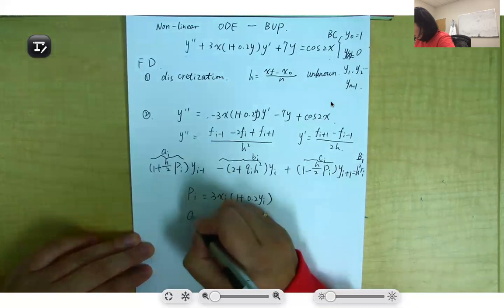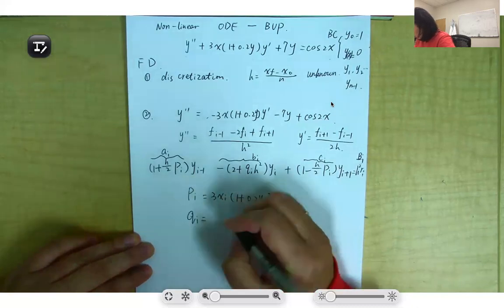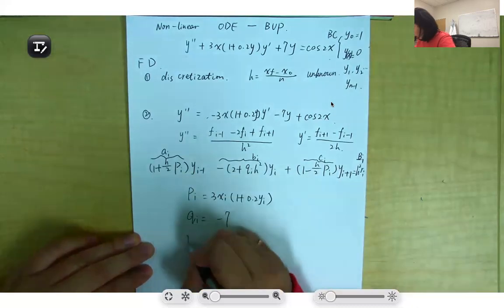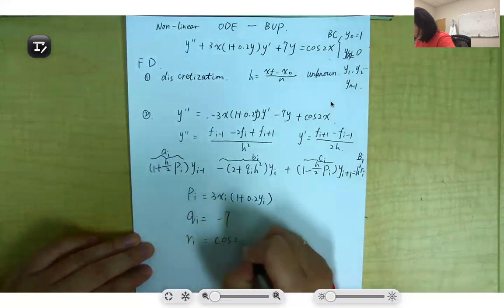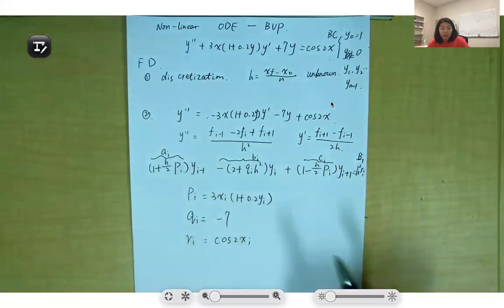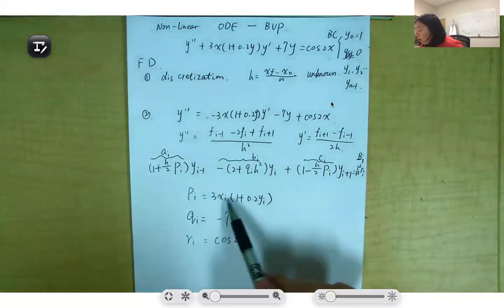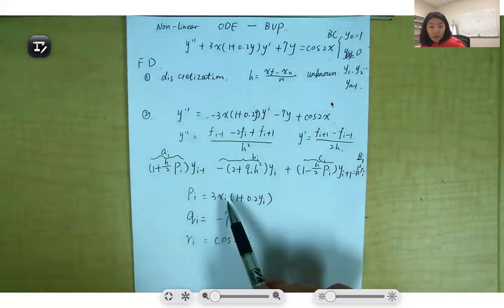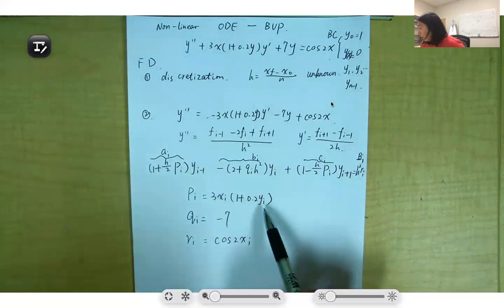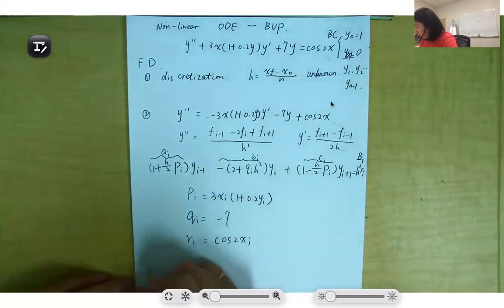The qi equals negative 7. The ri is cosine 2xi, right? So the only difference is that this pi is not only a function of x, it also has a function of the y part.